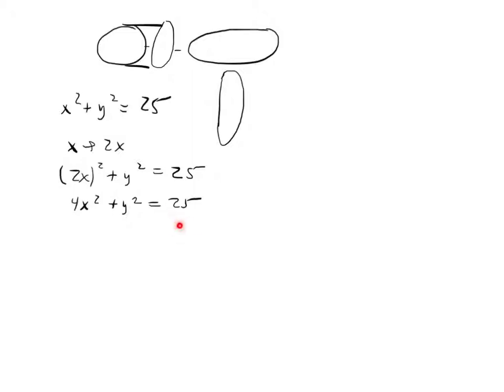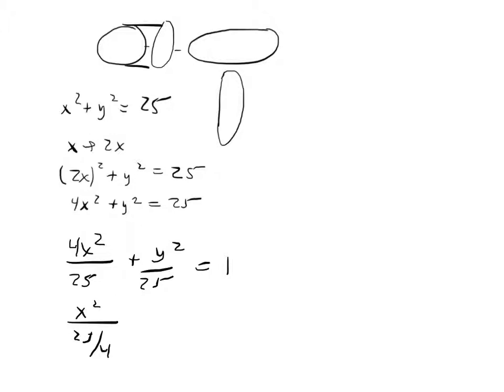So if I divide everything by 25, I get 4x squared over 25 plus y squared over 25 equals 1. And I want to then say this is going to be x squared over 25 fourths plus y squared over 25 equals 1.